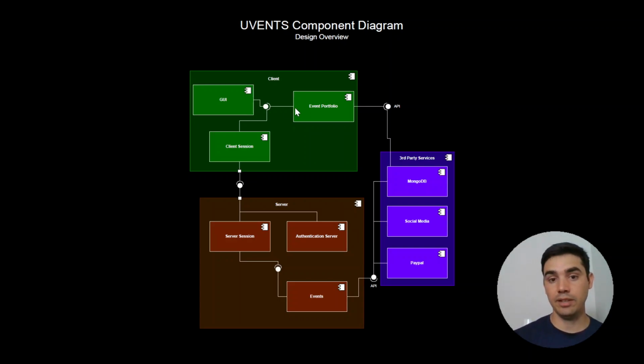Before they've even logged on, they're able to see something, right? We imagined they'd be able to see public events. They don't necessarily need to log in. Now, to register for the event, they would need to go through this client session. However, while they're just browsing, they can see events and have access to that through the database.